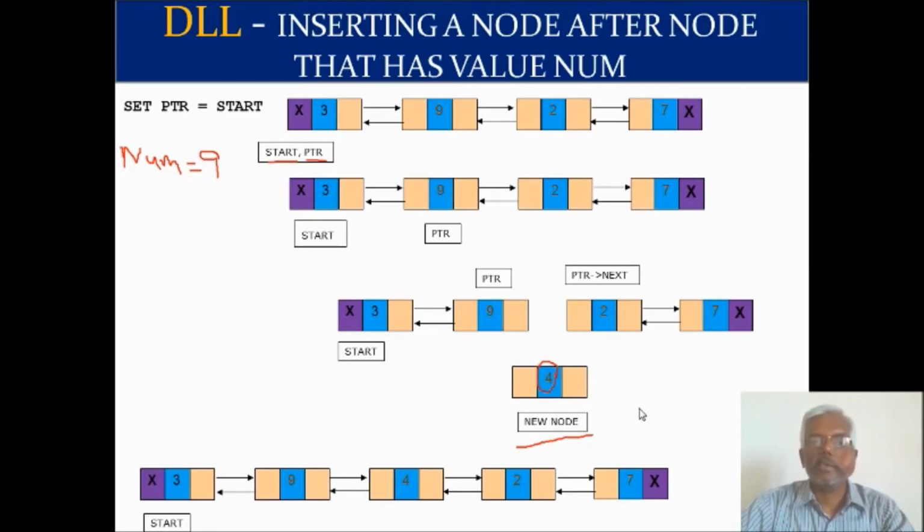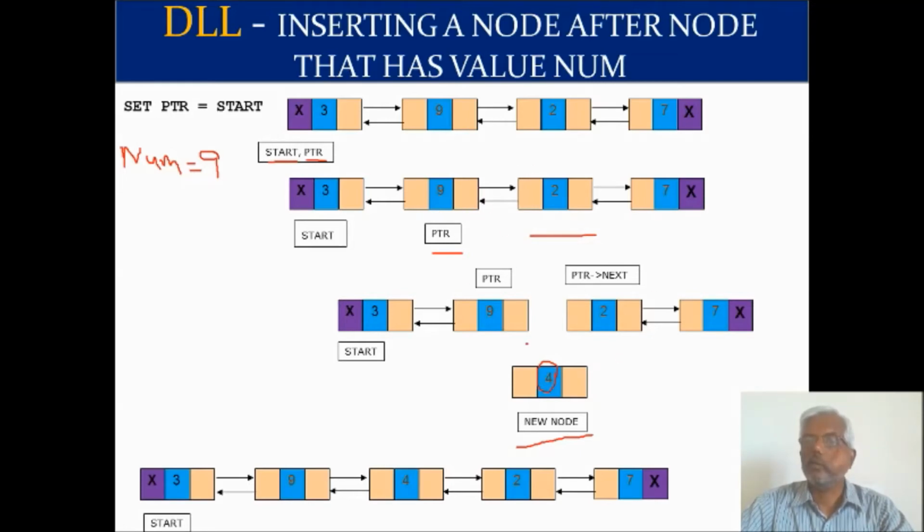After the new node is created, what do we have to do? This is ptr. We already identified this node as ptr. If 9 is ptr, then what is this node containing the value 2? If this is ptr, automatically this node is ptr of next.